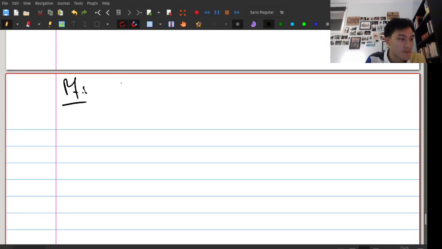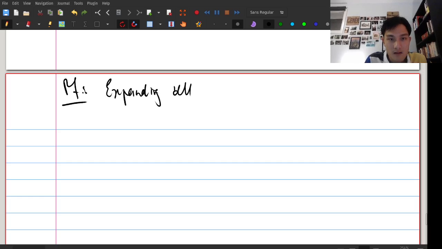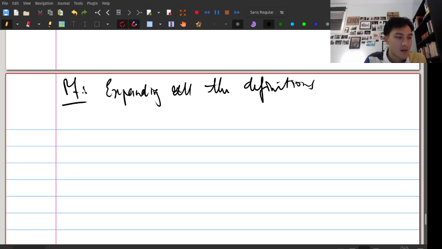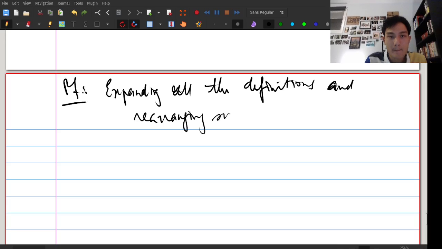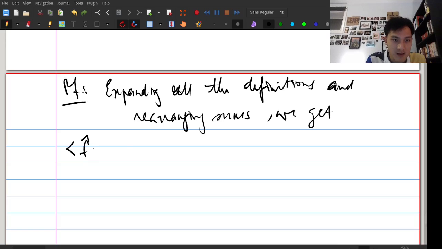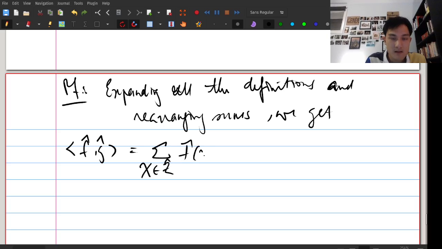Proof. Okay, so let's expand all the definitions and then rearrange sums. We start with f hat, g hat. It's slightly easier to write the sum over all chi in Z hat of f hat of chi times g hat of chi bar.